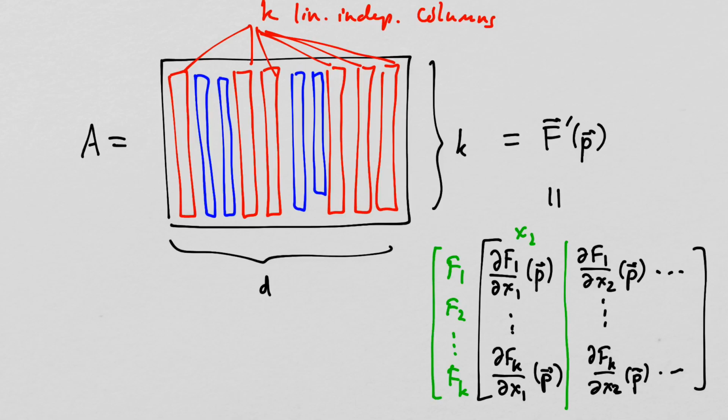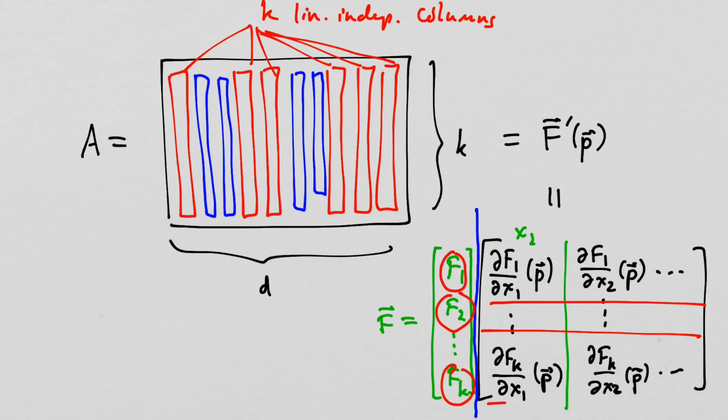By the way, that column is not the function f itself. The function f by itself just has those component functions. But you see that f1 just generates the first row, this component function f1 generates this entire first row. f2 will generate the next row. fk generates the bottom row.